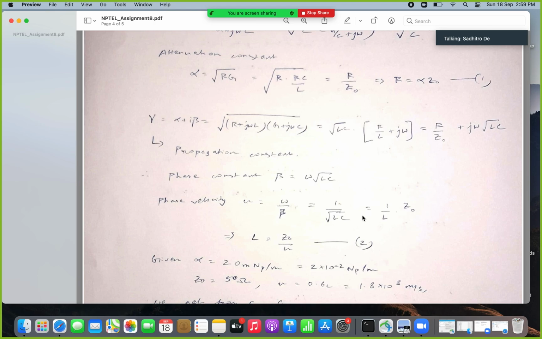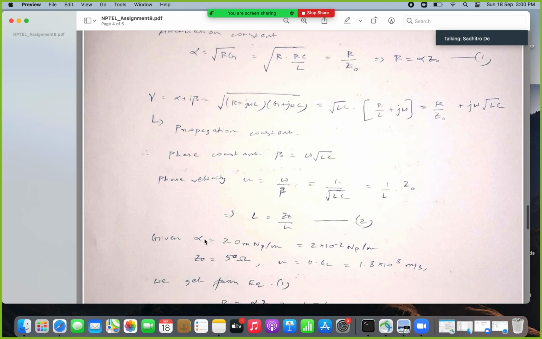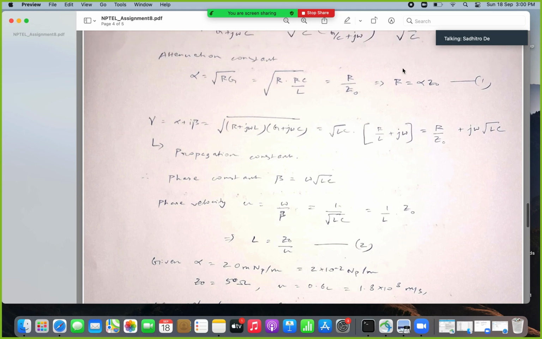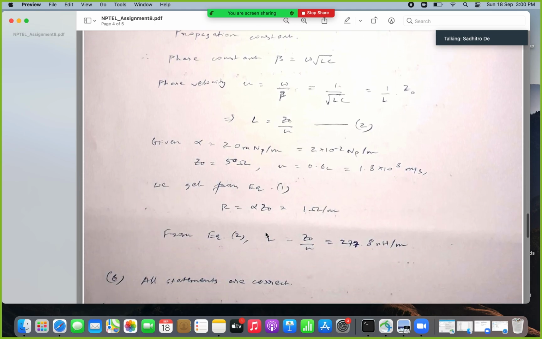So this is basically Z0 by L. This is equal to phase velocity, and from this you can find that L is equal to Z0 by U. Okay. So in this way, alpha is given to me, Z0 is given to me, and U is given to me. Using these three quantities I can obtain L using this equation and R using this equation. So if I put these values I get L and R like this.